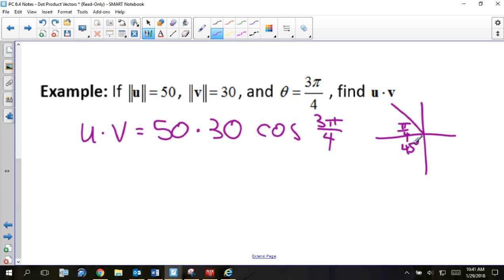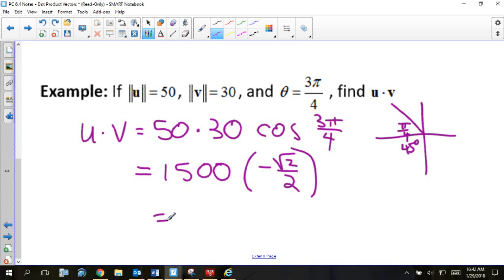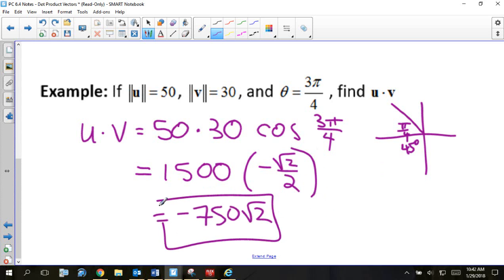What's the cosine there? Is it positive or negative? Negative radical 2 over 2. We'll multiply those together. You'll cancel the 2 with the 1500. You'll get negative 750 radical 2 as your dot product using the other formula.